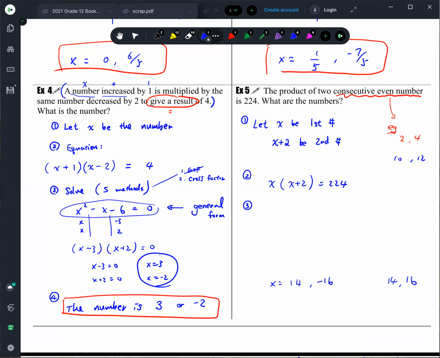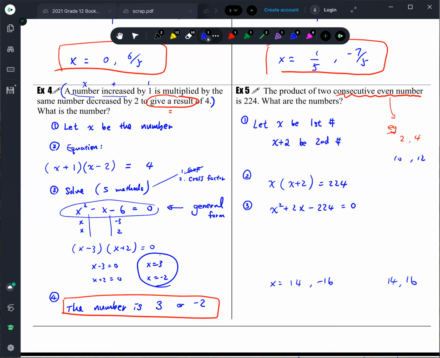Right, so let's change to general form first. Okay, so we multiply in x squared plus 2x, and then we need to move the 224 to the left, right? So minus 224 equal to 0. So this 224 is quite a big number to factor, right?